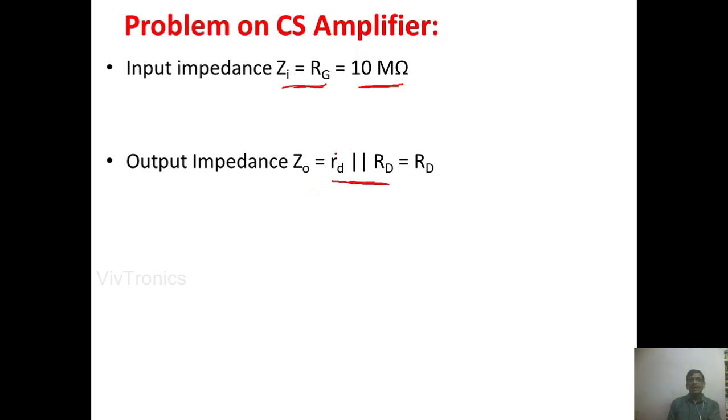The small rd value is very large when compared with the drain resistance RD, so the resultant of rd parallel RD is equal to the capital RD only. Therefore, this 35 kilo ohms in parallel with 5k is approximately equal to 5 kilo ohms. That is the output impedance of the CS amplifier.